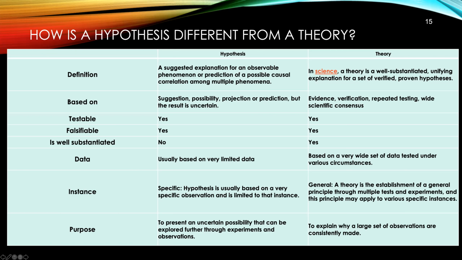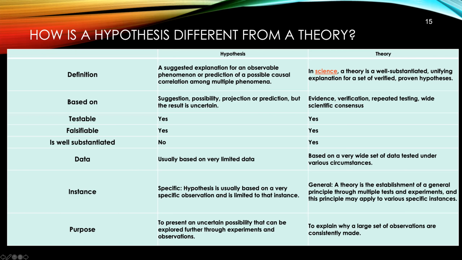And I'll talk about that in a little bit. Well substantiated, hypothesis no, a theory yes. Hypothesis is based on limited data, theory is based on a wide set of data tested under various different circumstances.